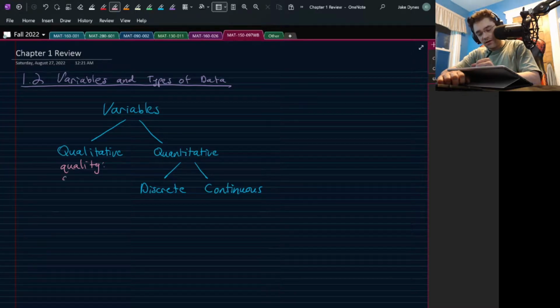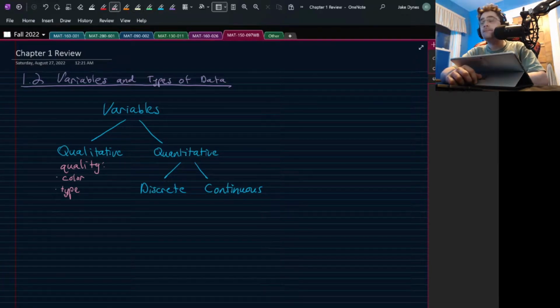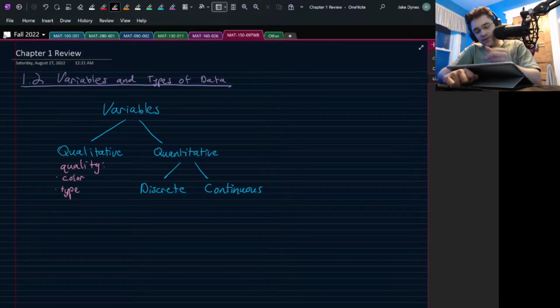Maybe it's a color or a type of some sort. I'll probably think of another one in a minute. And then discrete variables are a quantitative variable, and that's when we've got a whole number of things. They can be counted.